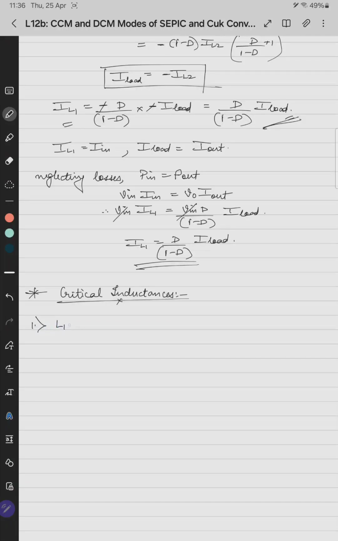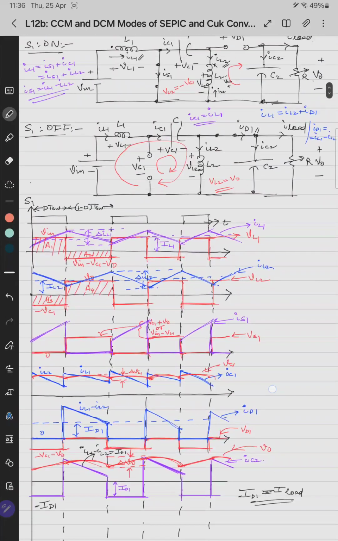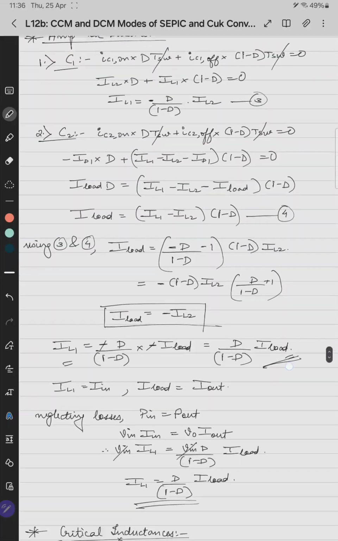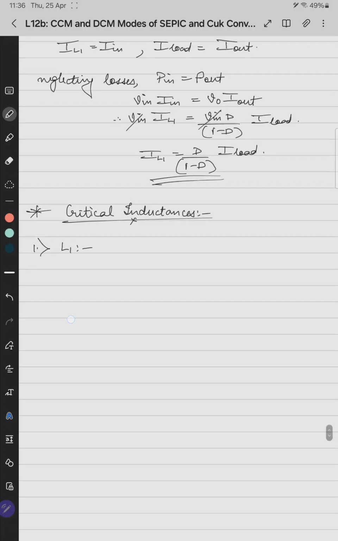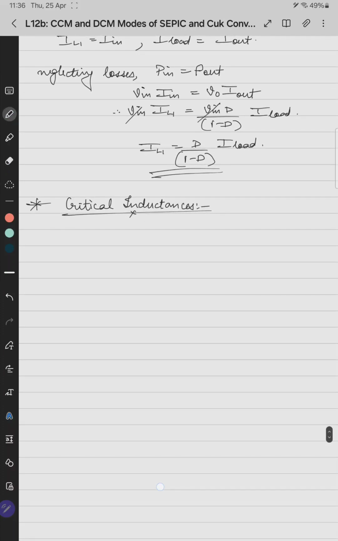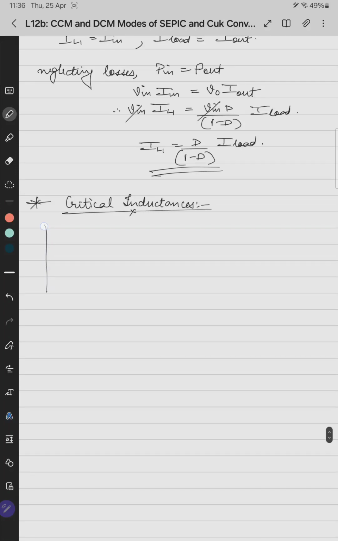First is L1. So similar analysis we can do. Just touch this waveform to this. So we'll do a generic analysis and then we'll make it more narrow. So this waveform is pushed down, so it becomes like this.